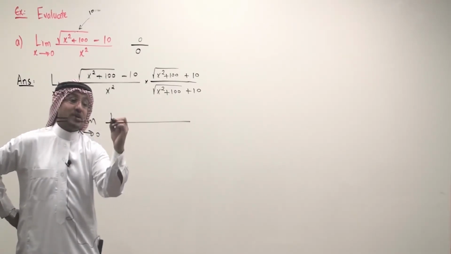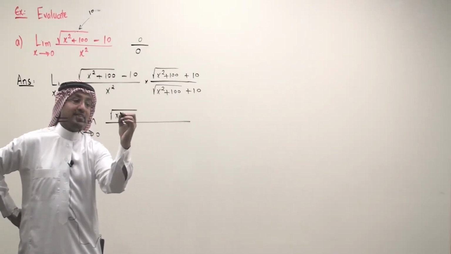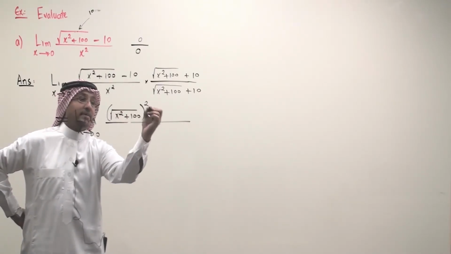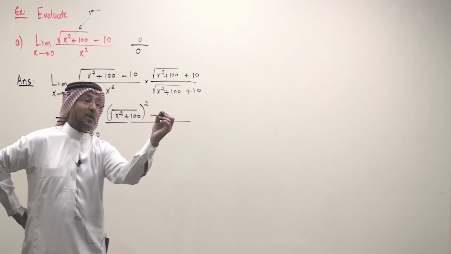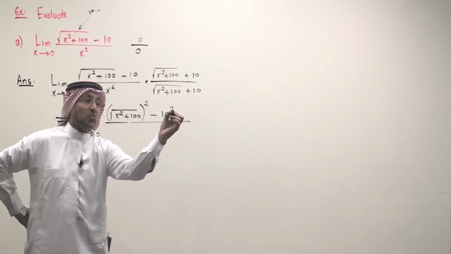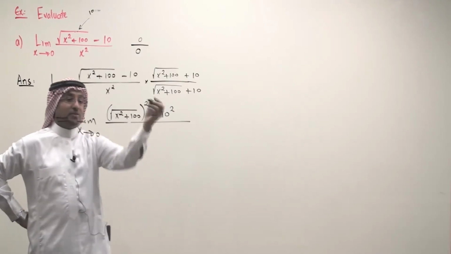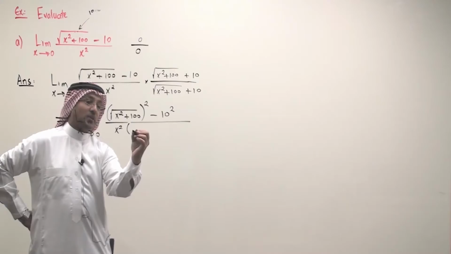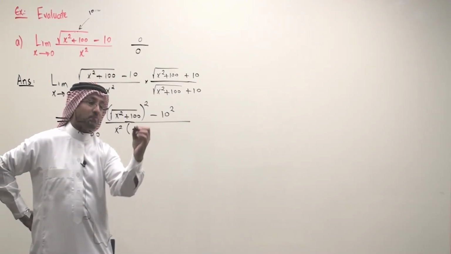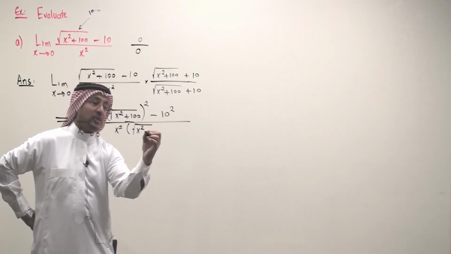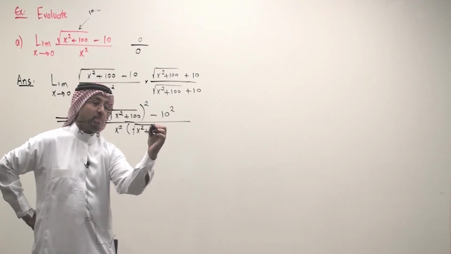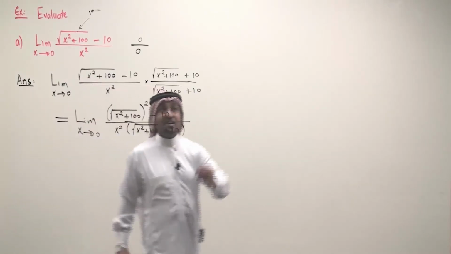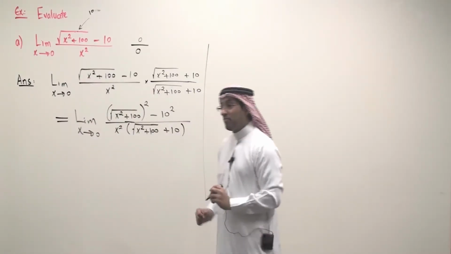So this is the root of x squared plus 100 squared minus the second squared, so minus 10 squared, divided by the multiplication of the denominators. So it will be x squared times the square root of x squared plus 100 plus 10.